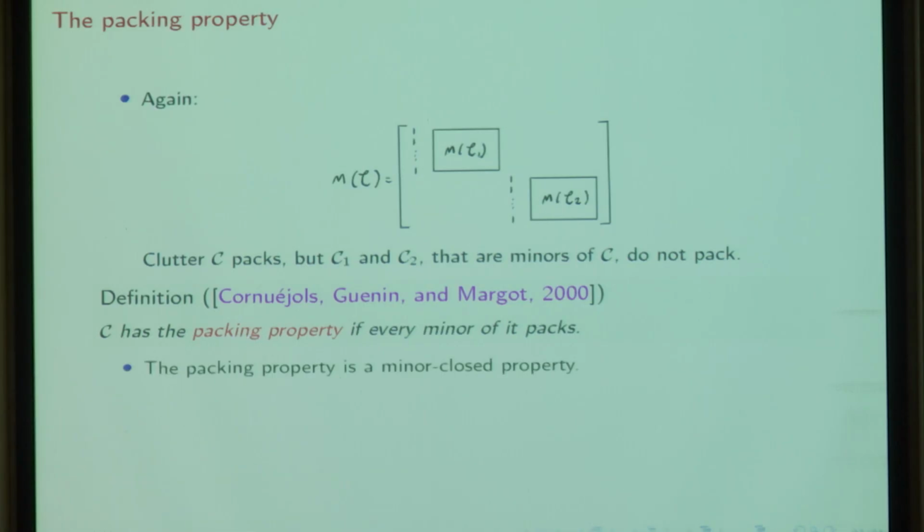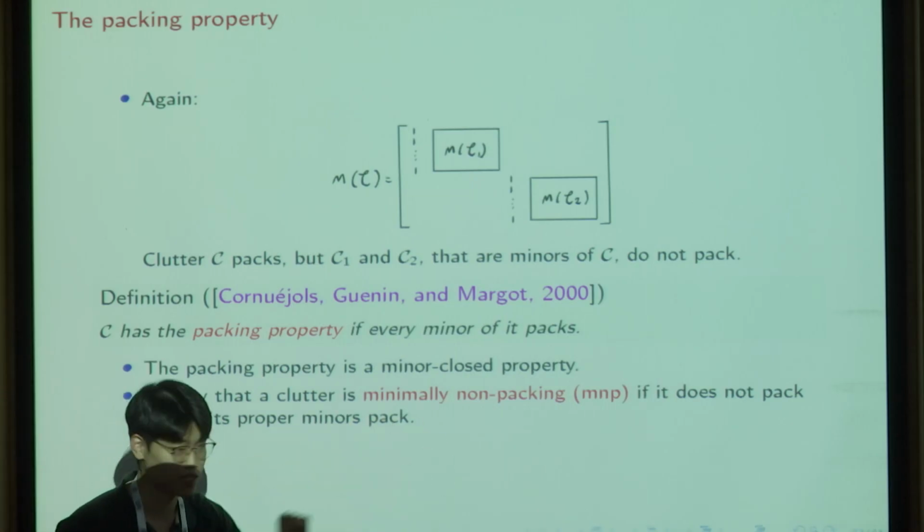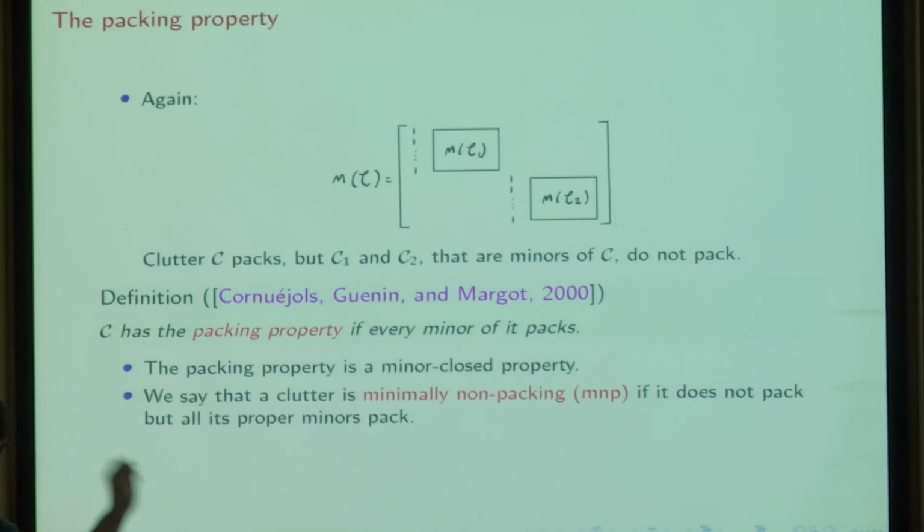And it's a minor-closed property, so you can take minors and apply minor operations. A clutter is called minimally non-packing if it doesn't pack, but every proper minor of it packs. It means that if your clutter doesn't pack, then you have to have some minimally non-packing minor. At some point, the clutter will be trivial and it will pack.